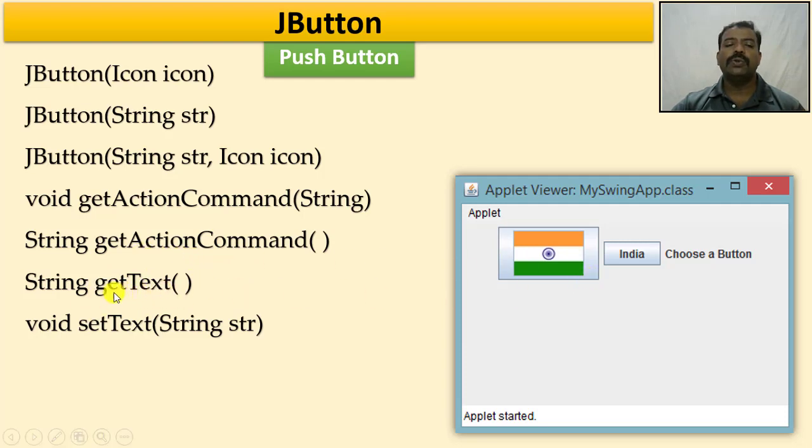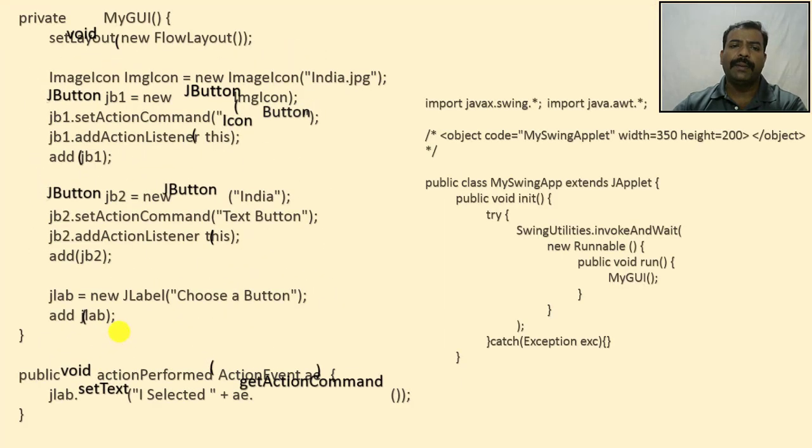And I'm just going to get the text that I used for the button I have created. And even I can set the text whenever I want. I can change this text whenever I want using the method setText, as I have already told you in the first component when I was discussing JLabel.